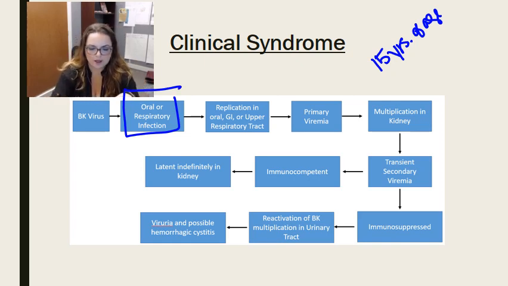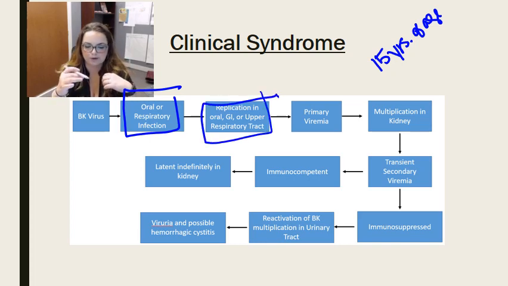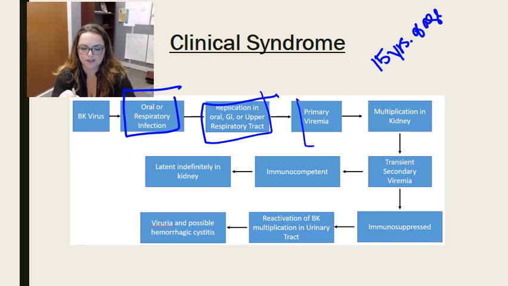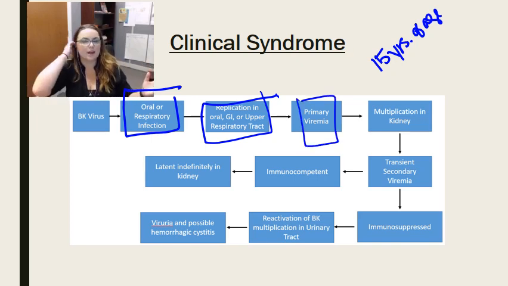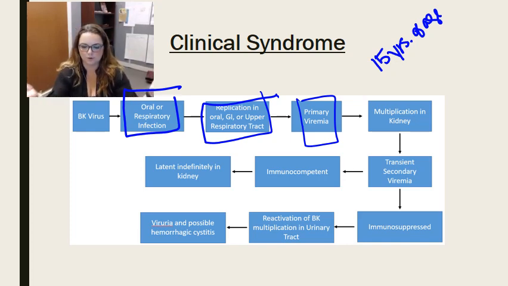What happens is you get infected and then you get replication in the oral GI or upper respiratory tract. This is going to lead to a primary viremia, which basically allows the virus to go systemic and look for permissive and non-permissive host cells. Both are good, right? Because permissive, it gets to replicate in lysis. Non-permissive, it at least has a foothold, okay?